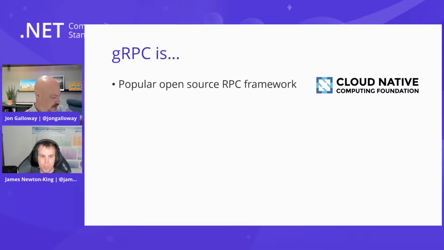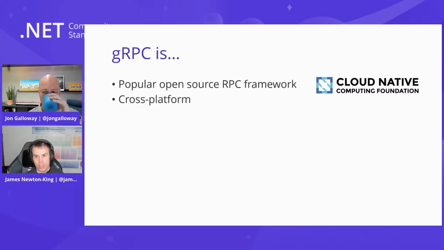It's supported by every major programming language, so there are implementations for C++, Java, Go, Node, Ruby, C#, Rust, you name it, and all of these can talk to each other. So C# can call C++, C++ can call Java, etc.